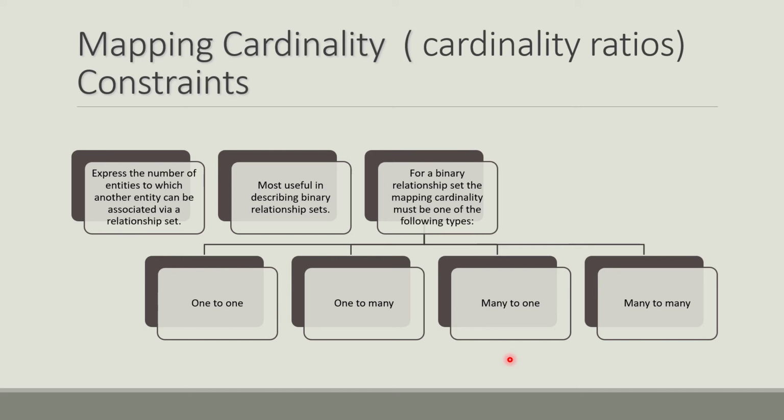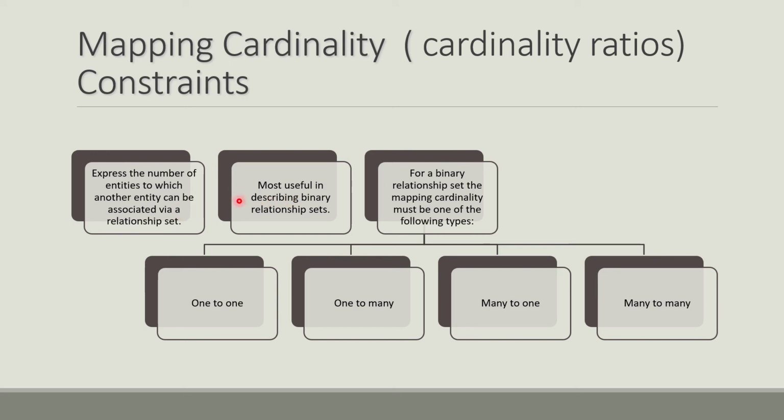The next one is the flow from instructor to student, that is whether one instructor is advisor of many students or of only one student. In that manner we want to express the number of entities to which another entity can be associated in a relationship.